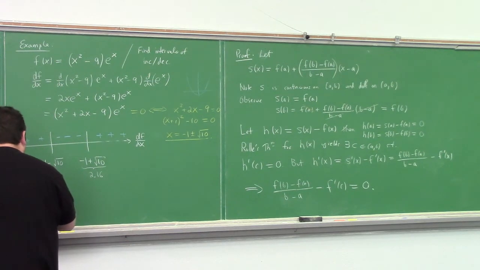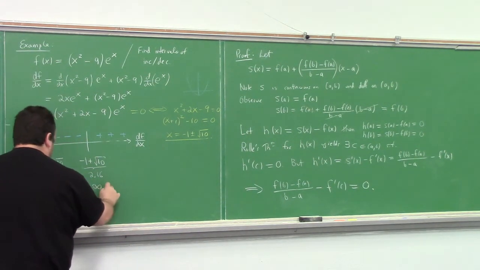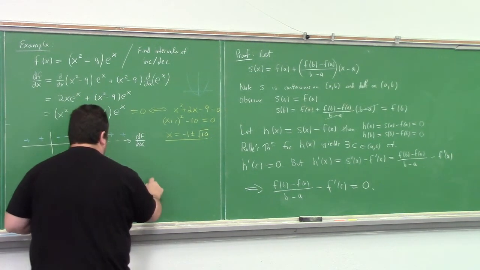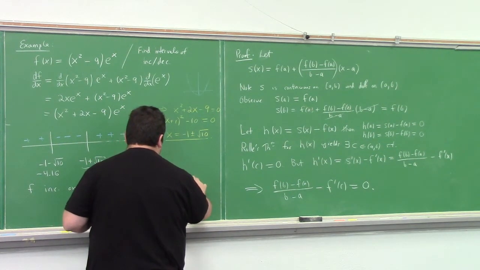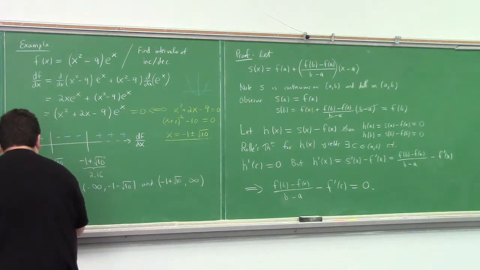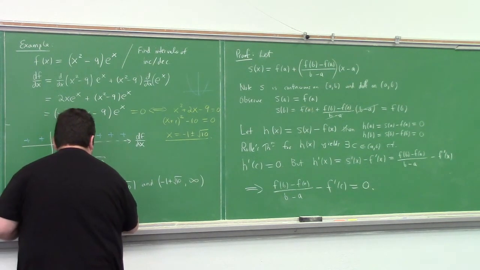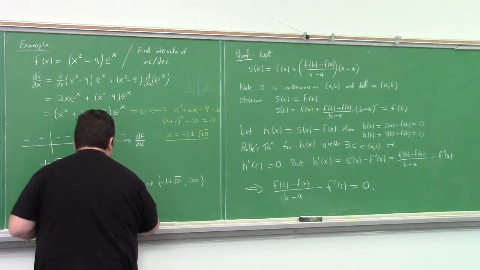So f increases on minus infinity to minus 1 minus root 10, and also on minus 1 plus root 10 to infinity. And f decreases between minus 1 minus root 10 and minus 1 plus root 10.